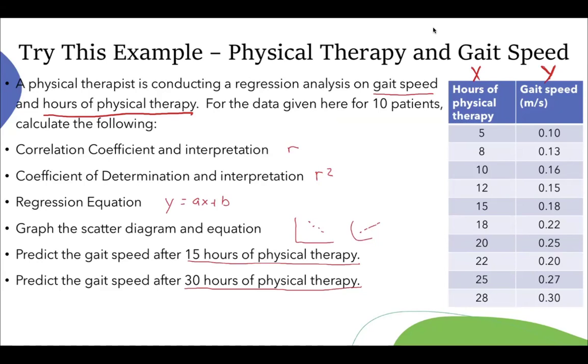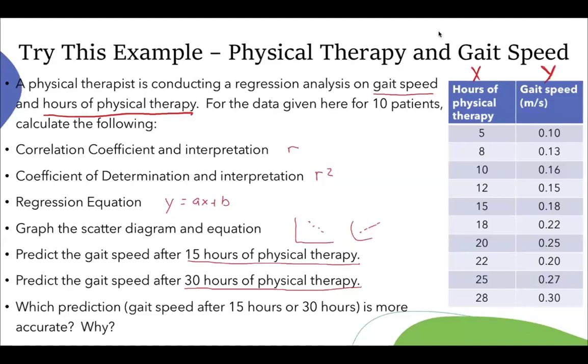Okay, so we are going to go to the calculator, put all these values into two lists, and conduct a correlation analysis and regression for all these parts. Let's go to the calculator. I'm sorry, before we go to the calculator, I just want to include one last question here.